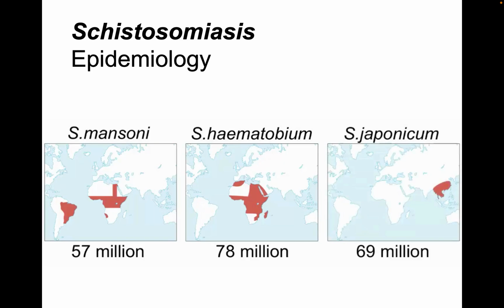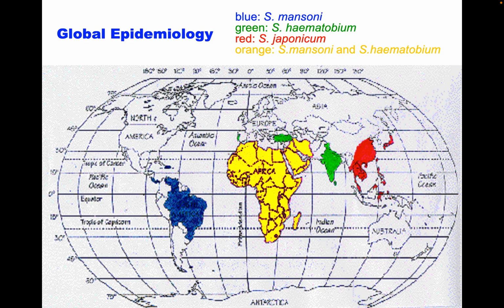Schistosoma haematobium was found mainly in Africa, and Schistosoma japonicum is found in Southeast Asia. For all 3 species, many people are at risk.